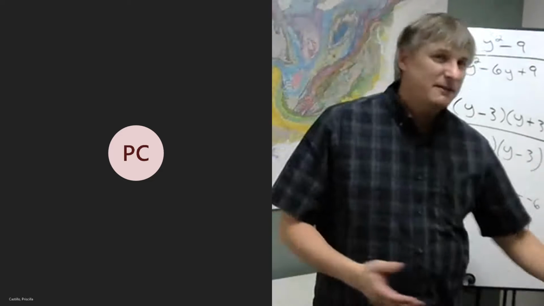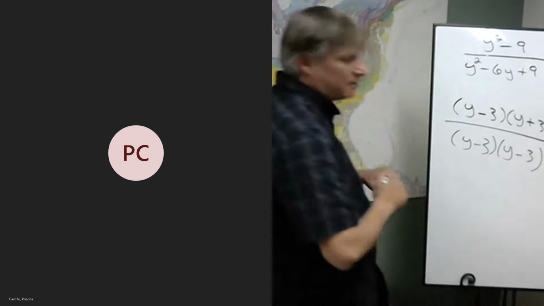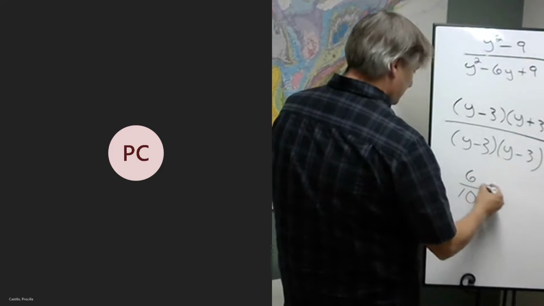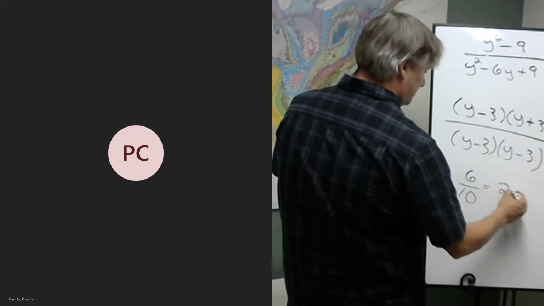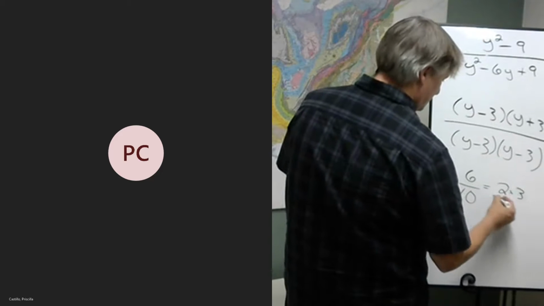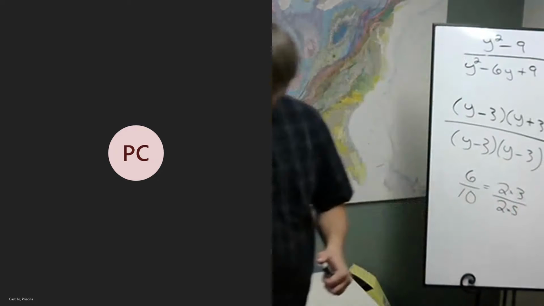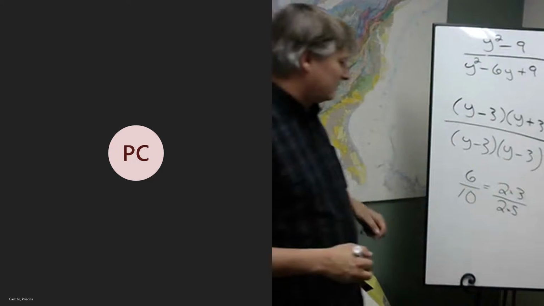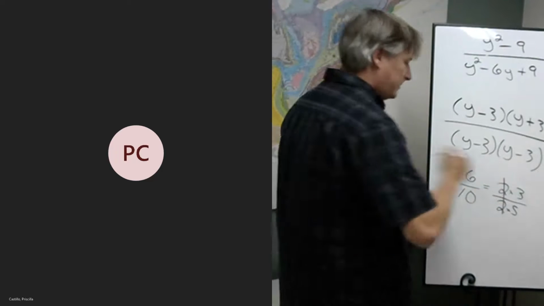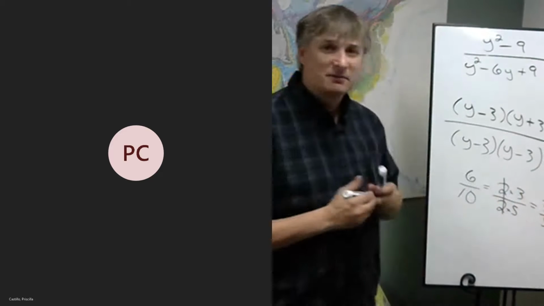Now, this is exactly like factoring fractions. So, for example, if we have, let's say, 6/10, we can write this as 2 times 3. And this one, 2 times 5. And then we cancel the 2's, and we're left with 3/5.